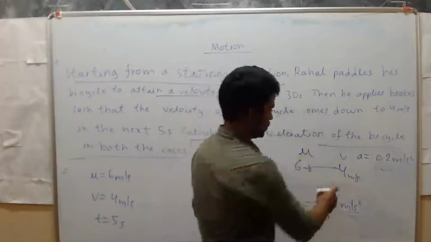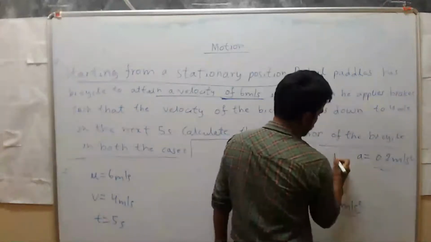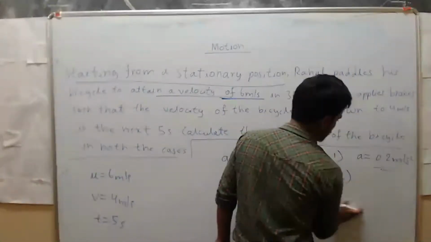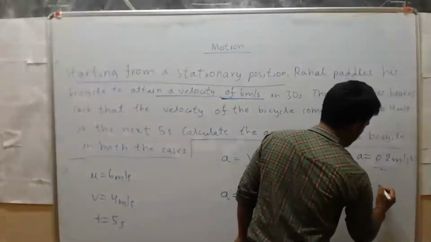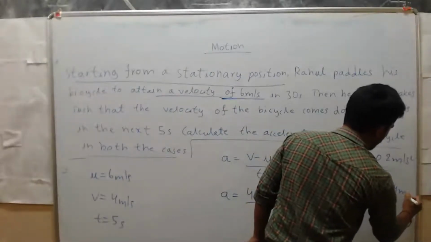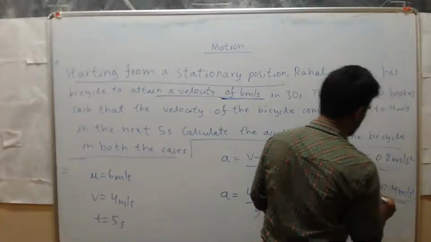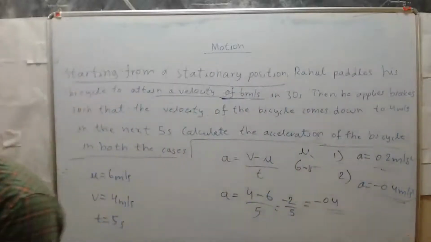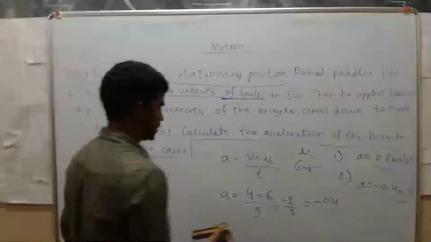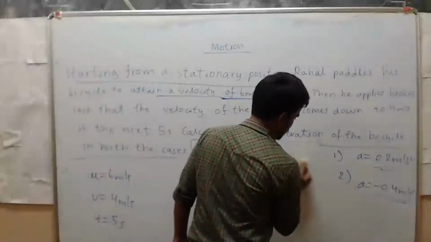Okay, so now this is the first case and this is the second case. In the first case a is equal to plus 0.4, in the second case minus 0.4 meter per second square. Okay, see here, that negative sign indicates what? Acceleration decreases.